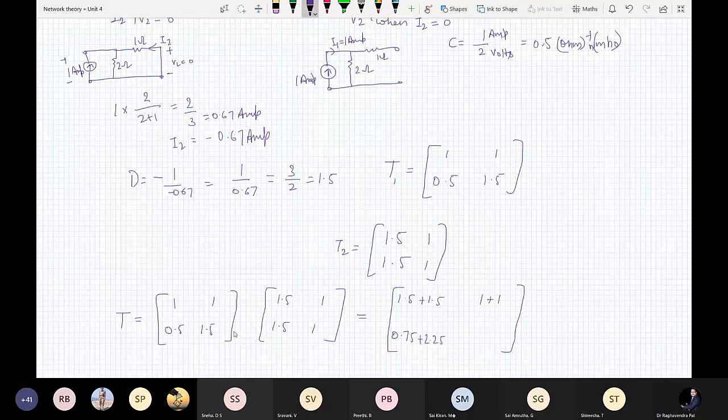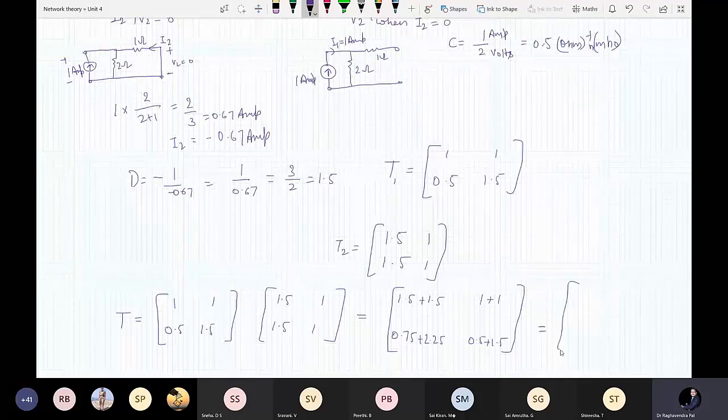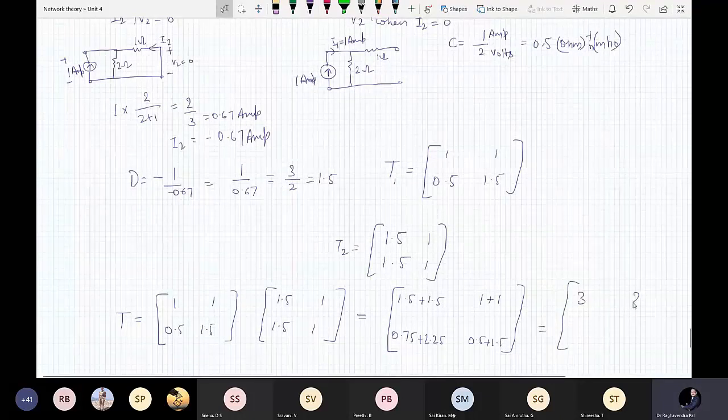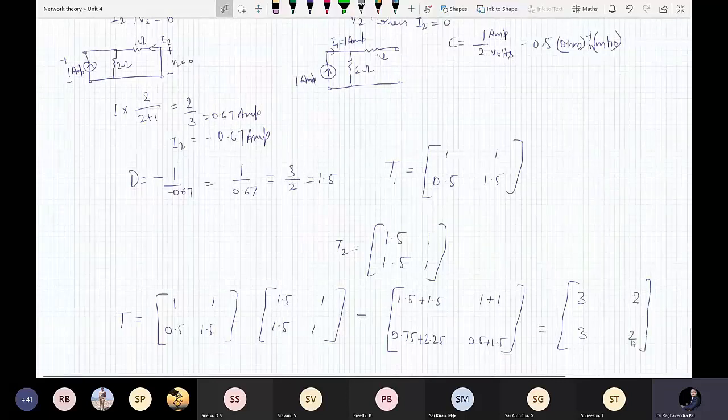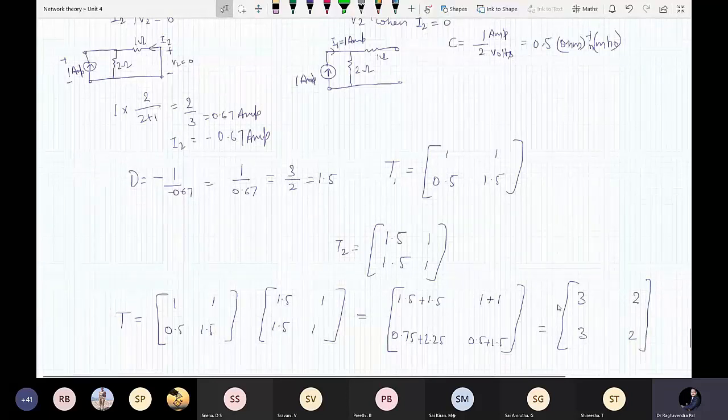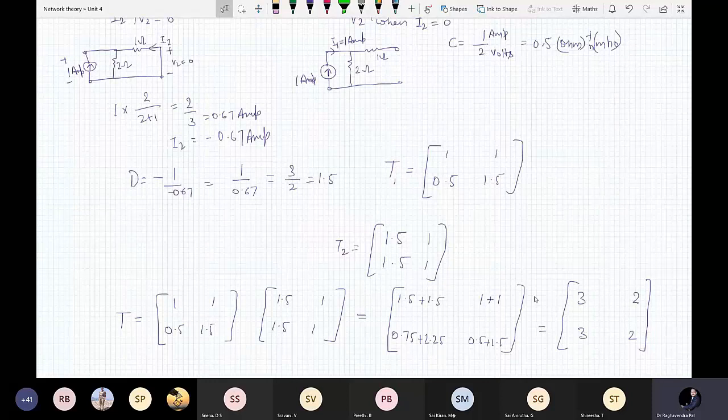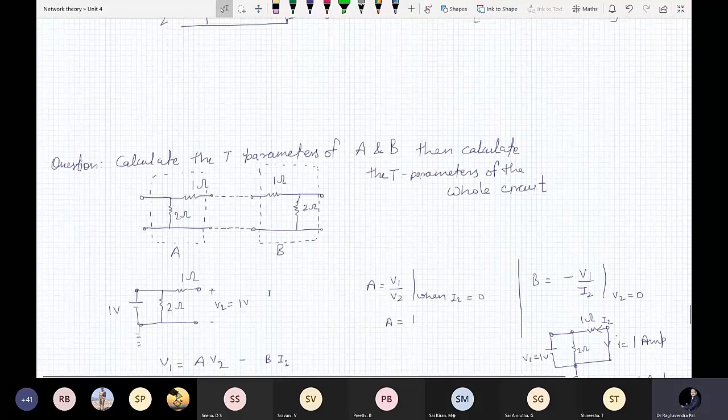Correct. And 0.5 into 1 plus 1.5 into 1. So what will be your total answer? 3, 2, this is 3, this is 2. So 3, 2, 3, 2. This is the final value of T parameters.